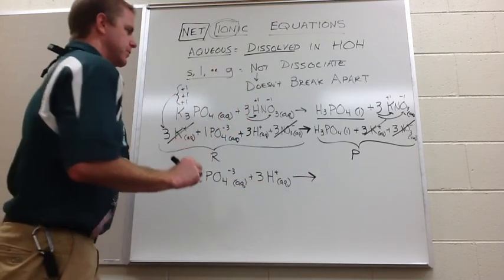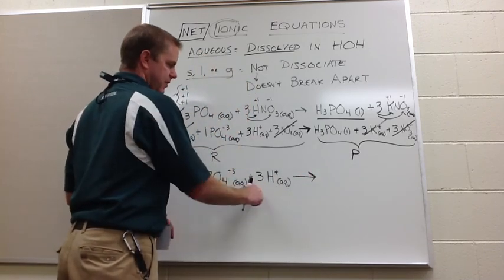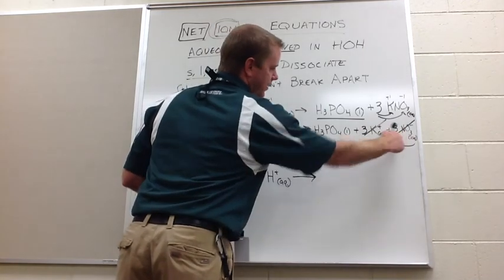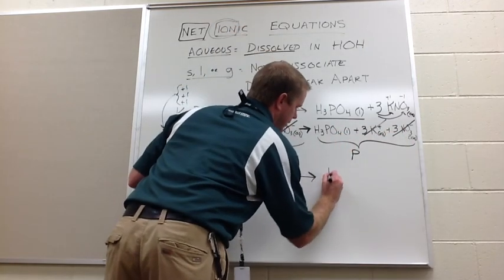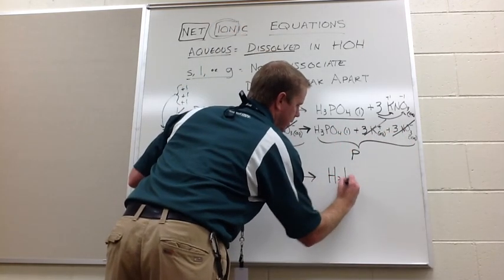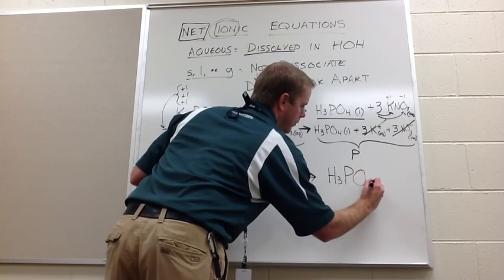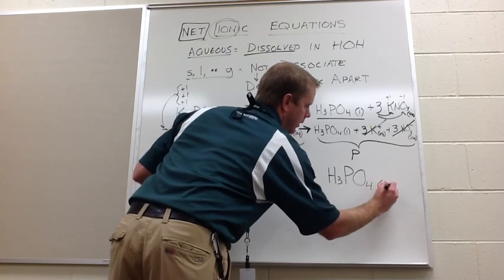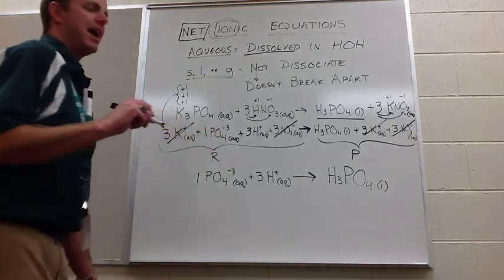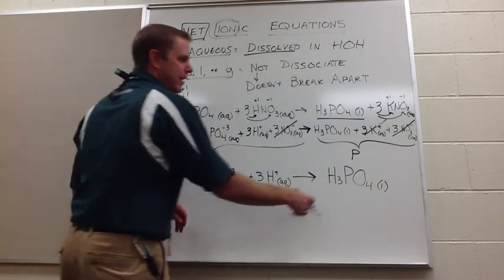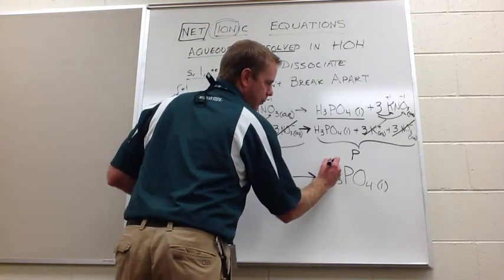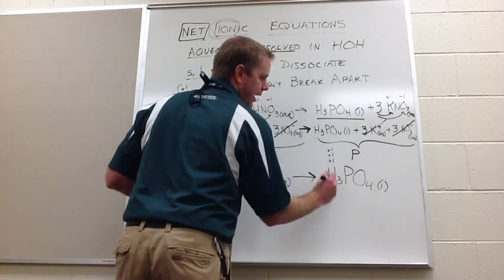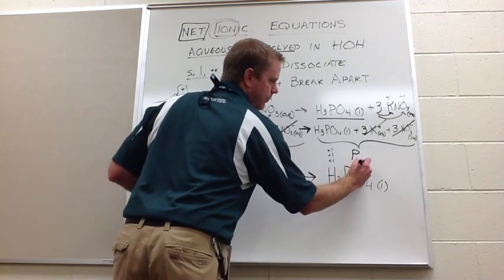Arrow, right? Because that was there. This is there. This is gone. This is gone. So the only thing left is H3PO4 as a liquid. Kind of makes sense too if you think about it, right? H3PO4 is because you have a plus 1, a plus 1, and a plus 1 ion for the hydrogens to balance out the negative 3 of the PO4.